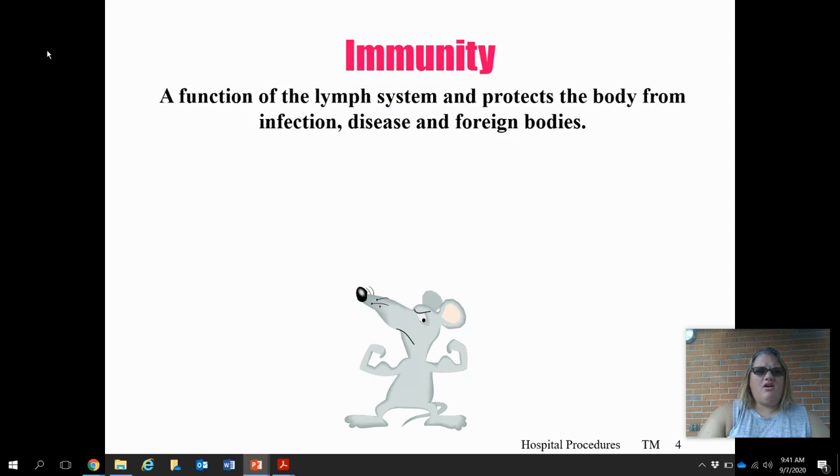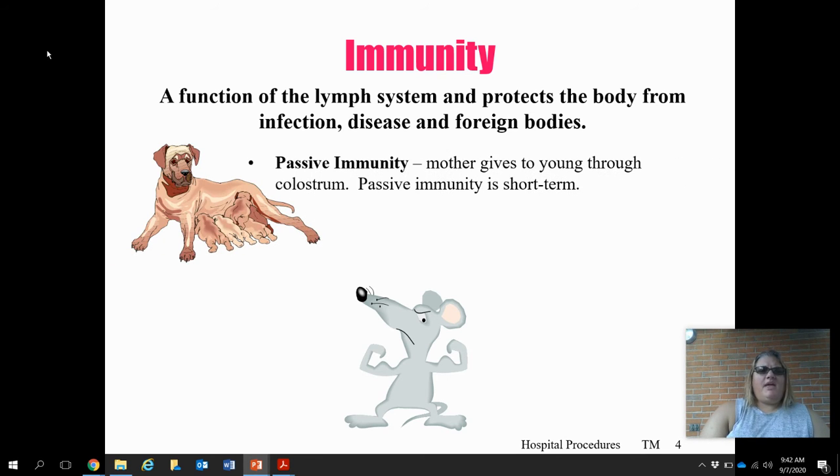All right, moving on. We have immunity, a function of the lymph system that protects the body from infection, disease, and foreign bodies. So we have passive immunity, and the mother gives this passive immunity through colostrum and also through the bloodstream and the placenta before the puppy, kitten, foal, or calf is even born.